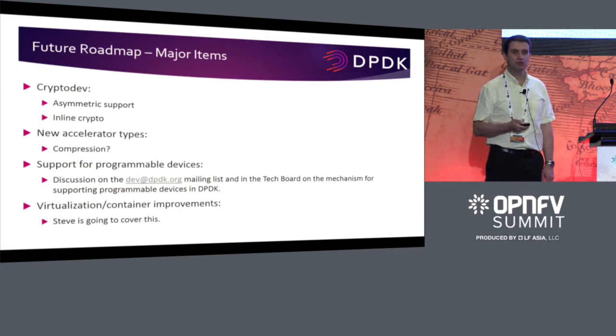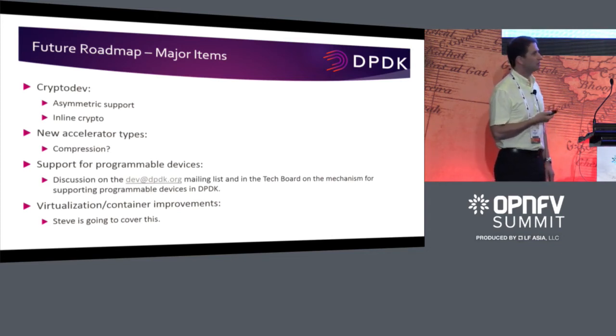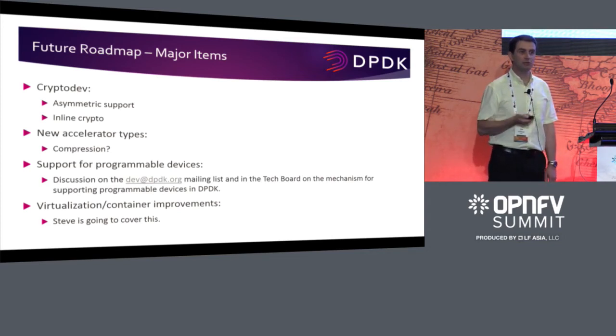There's going to be continued work on the CryptoDev API. Specifically, there's some discussion on adding capabilities for asymmetric crypto. So a potential use case for that might be to accelerate SSL/TLS, something like that. So I think that will happen maybe in the 1711 timeframe, maybe 1802, something around those two releases.